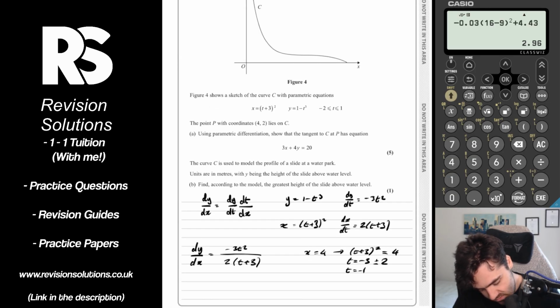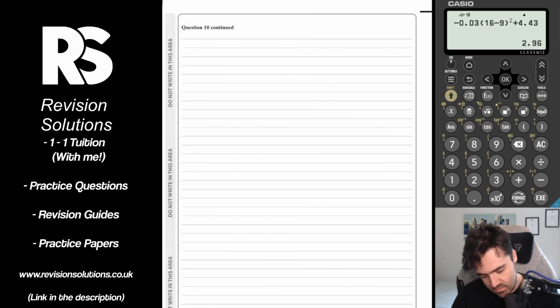Plugging that in, that would give us a tangent gradient. So we'd have minus 3 times (minus 1) squared over 2 lots of minus 1 plus 3, which is just a 2. So on the numerator, we would have minus 3 times 1, because the minus 1 is squared. So we get minus 3 over 4.